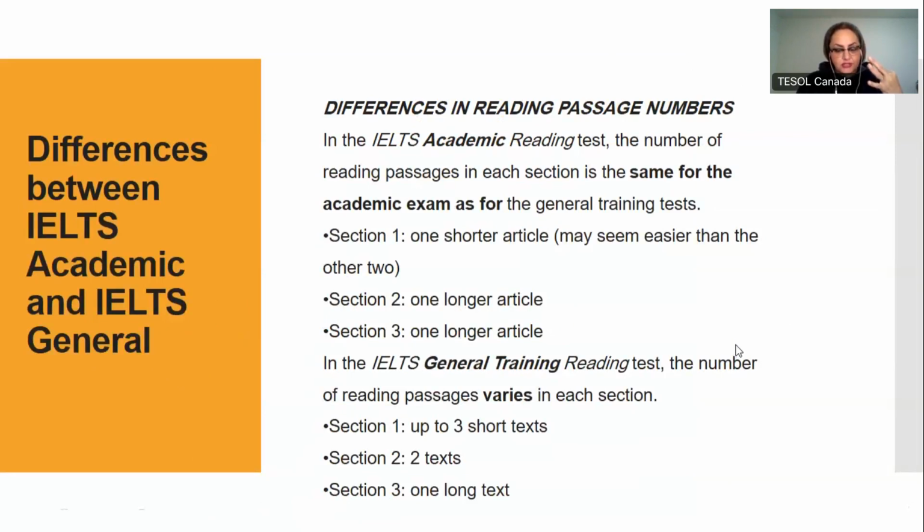One shorter article, one longer article, and the third one is the longest, usually from easy to difficult. But in IELTS general training, section 1 is up to 3 short texts, section 2 has 2 texts, and section 3 has 1 long text.